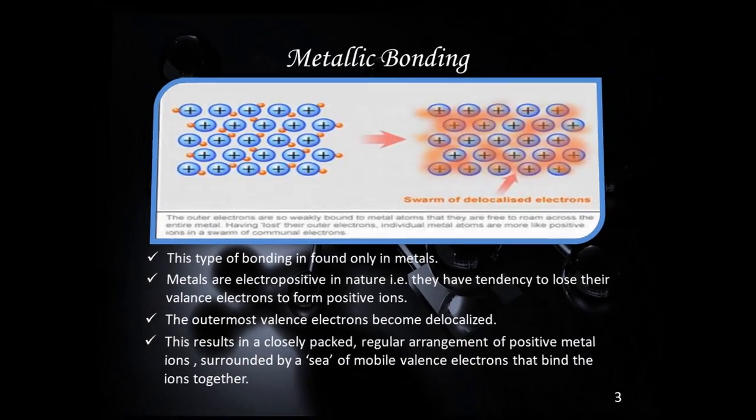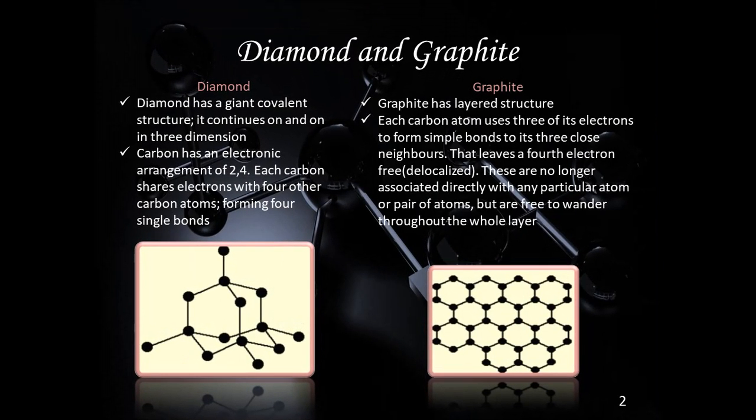So these are the properties. Then we can further explain that diamond is a hard structure and a non-conductor. Why is it hard? Because it consists of a large number of atoms covalently bonded together. Due to its hardness, diamond can be used as a cutter.